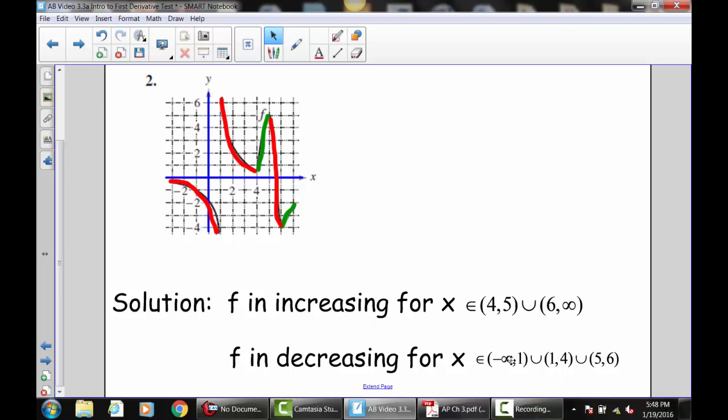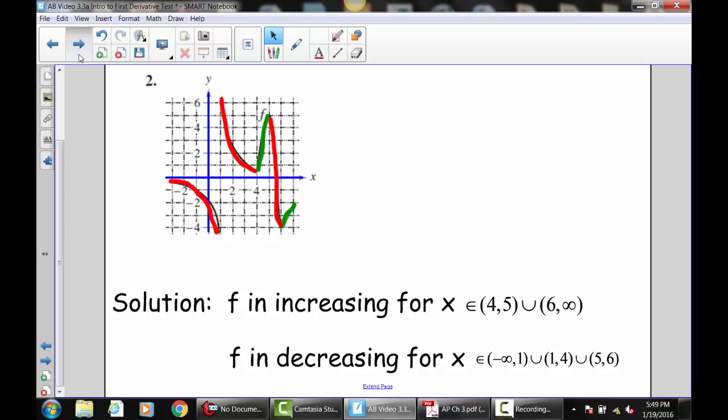You will notice I cannot say that it's decreasing from negative infinity to 4, because that would mean it's decreasing everywhere, including at 1. And of course, there's a vertical asymptote at x equals 1 here, so it's not decreasing, it's not doing anything there. There are no points there.